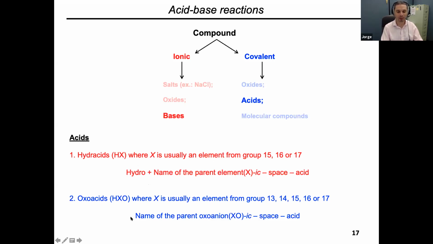And nomenclature: the name of the parent oxoanion followed by IC, space, acid. To remember the name of the most common parent oxoanions, just follow the Nick the Camel mnemonic, and that will give you the name for the most common ones.